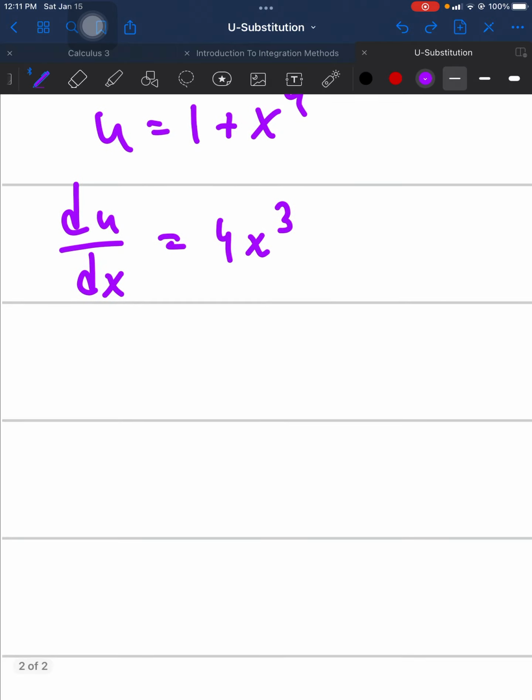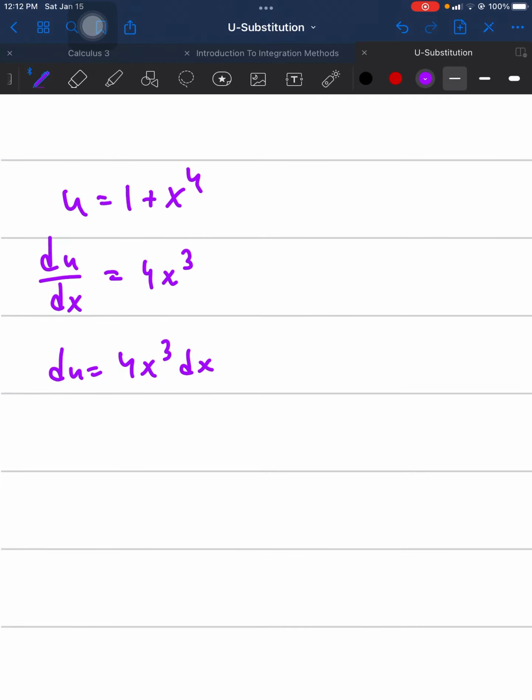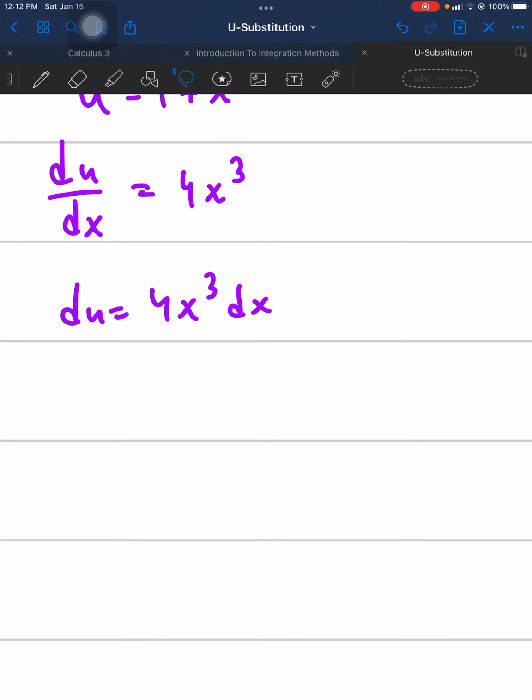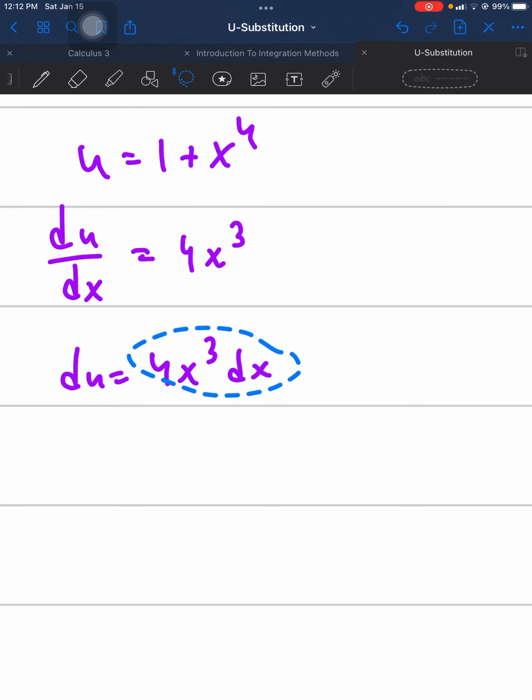Now we want it in terms of du, so du is equal to 4x cubed dx. So we know that if we want to use 1 plus x to the 4th as u, we need a 4x cubed dx, so we can switch to du.